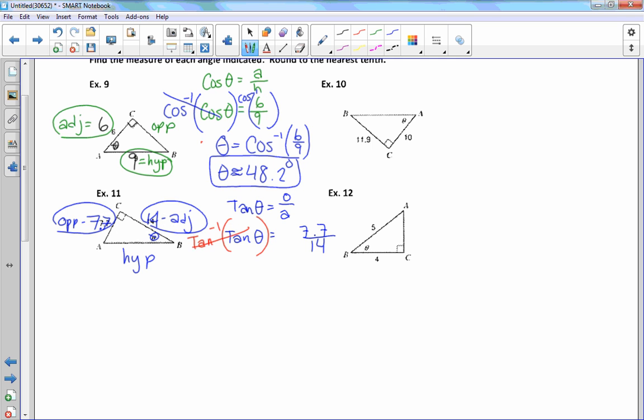And those cancel each other out and we get theta by itself. Let's do it on both sides though. Tangent -1, group that whole thing. So the inverse tangent of 7.7 over 14, and that's to the tenths, that's the direction. Make sure you use the inverse tangent when you head to your calculator.